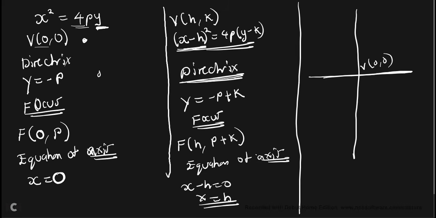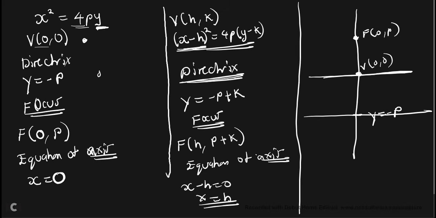Then the next thing is, what's your Directrix? The Directrix is showing negative p. So it will be y equal to negative p, which is down here. So we have to draw like that. What is your focus? Your focus is 0, p. So 0, p is here. That's your focus, 0, p.